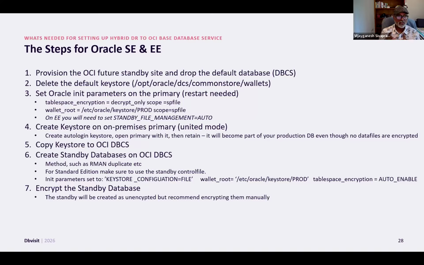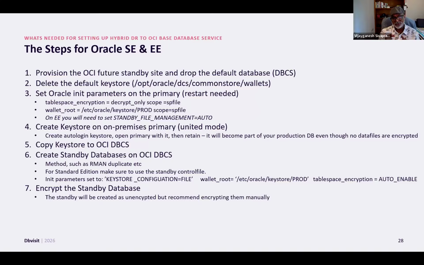As we said, the key store configuration has to be set to file in your standby environment, that is your OCI, and wallet root has to be properly set to match the location where you copied the files. Tablespace encryption is always auto-enabled. Even if you try to set it to a different value, once you restart, it will be auto-enabled, so there is no way of overriding this parameter at all.